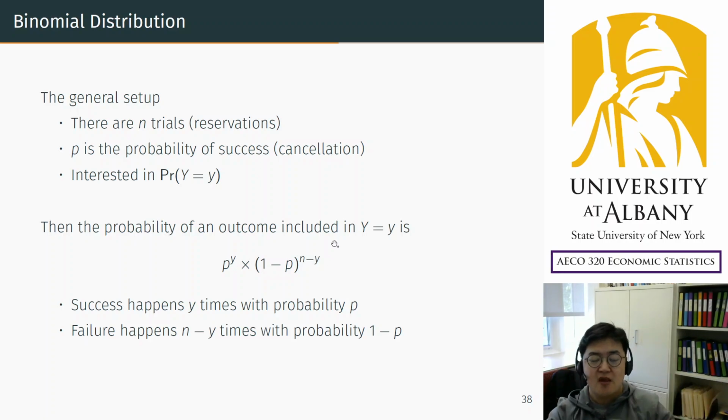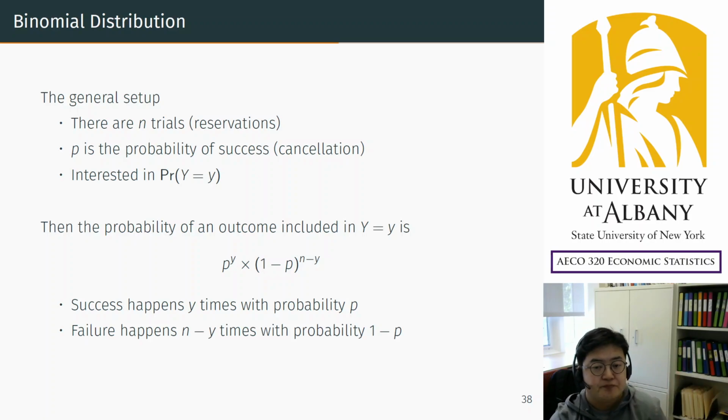Again, imagine this way: there are n experiments, there are n different outcomes, and each of them has either success or failure. If it's success, then multiply p. If failure, multiply 1 minus p. So in total, you're going to multiply n probabilities using the special multiplication rule.